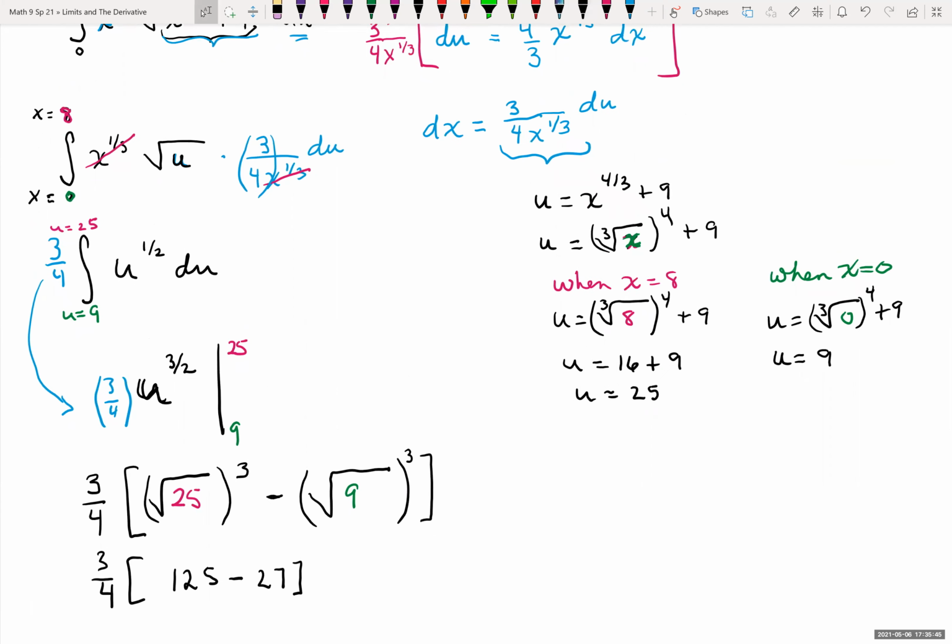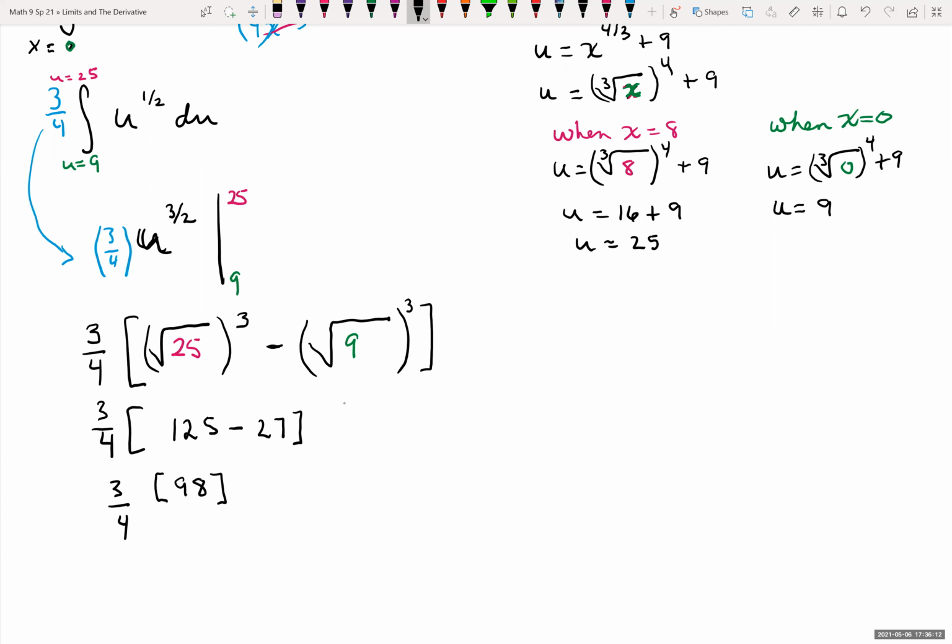I'm running out of room. So let's now take 125 minus 27. So that's going to give me 98. So 3/4 times 98. Does 4 go in there evenly? No, it doesn't look like it does.